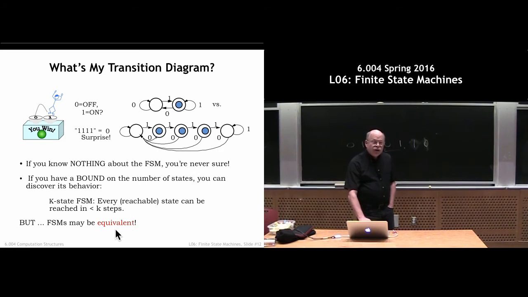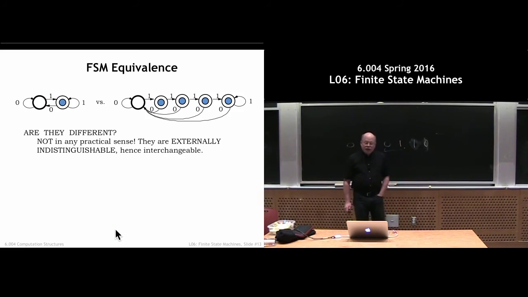There's also the notion of equivalent machines, 2 machines that behave the same. If I showed you these 2 diagrams and asked you if they were the same or different, well, you can see one has 5 states, one has 2 states, clearly different state transition diagrams. But from the outside world, there's no way to distinguish whether you had this machine or that machine.